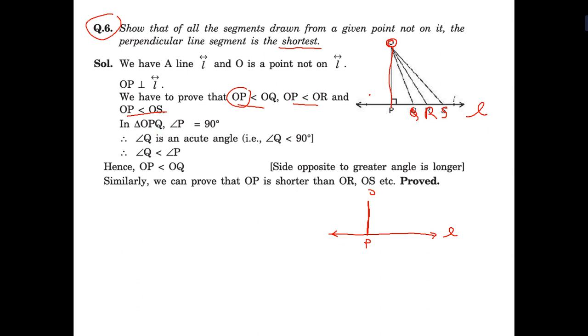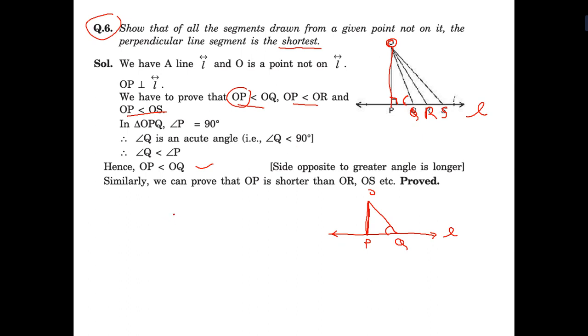P is 90 degrees, so Q is an acute angle. When Q is acute, angle Q is less than angle P. Angle Q's opposite side is OP, so OP is less than OQ.